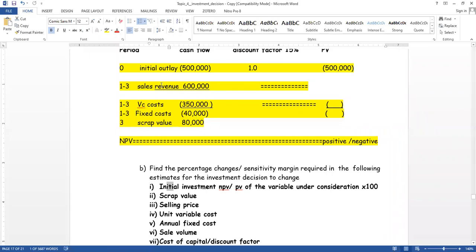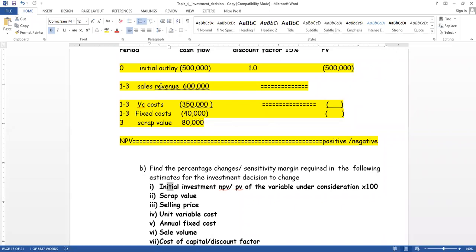If I'm looking at sales revenue, because it is an inflow, should sales revenue decrease by a certain percentage that I would have computed, and the other variables remain the same, then my decision is going to do what? Change. Okay.